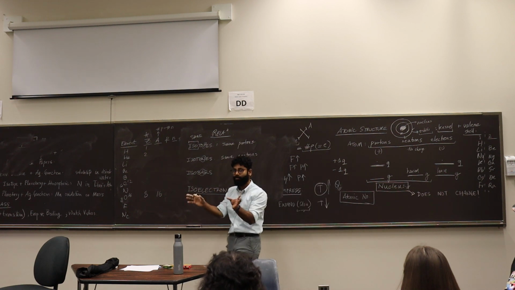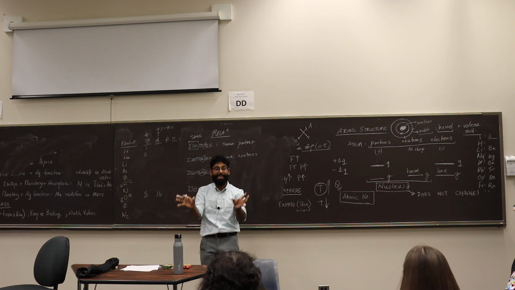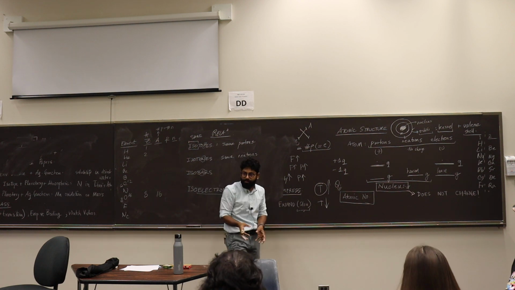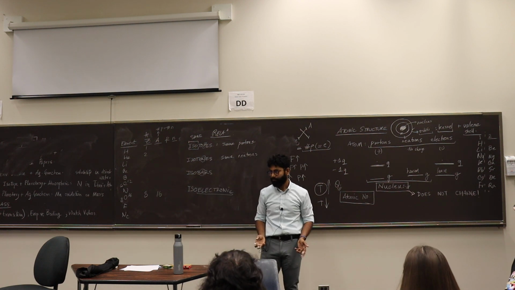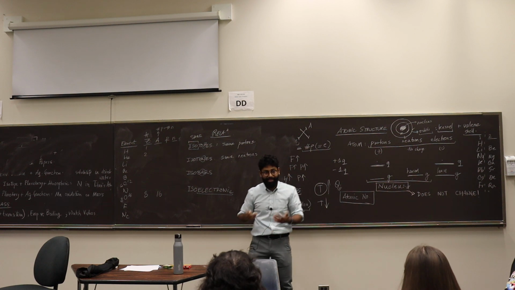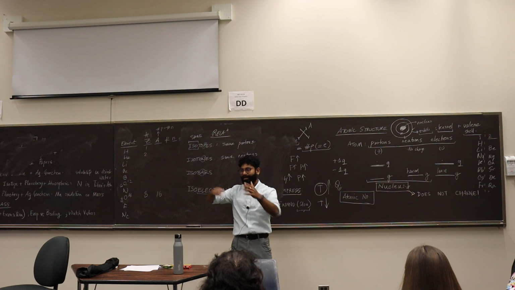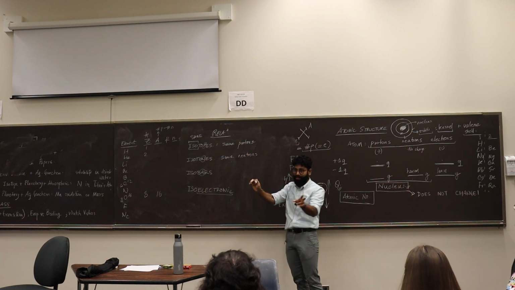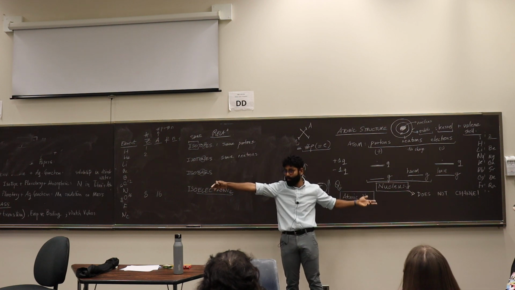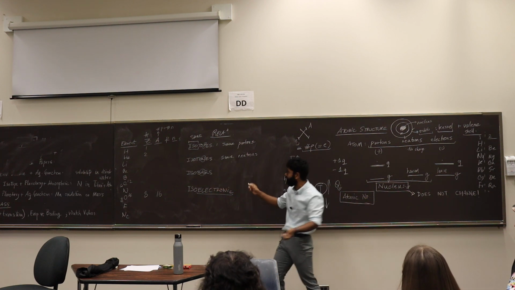If they have the same number of protons, they become isotopes of each other. I have a brother. That relationship is like brother, and he's my brother. You get the idea. You need two or more entities for them to form a relationship.